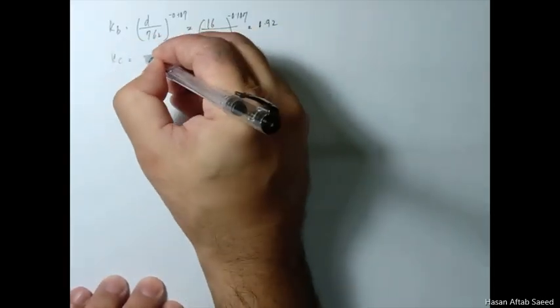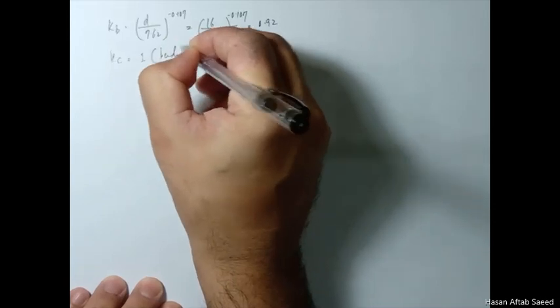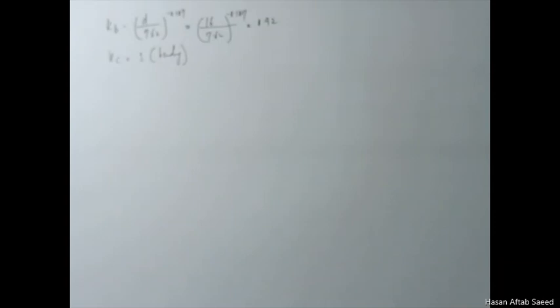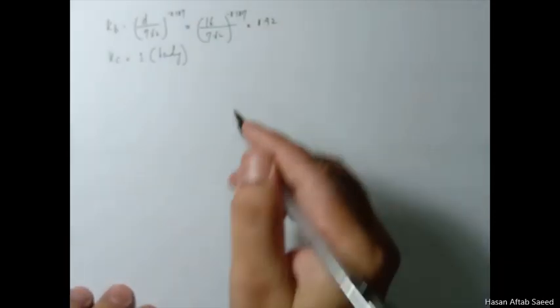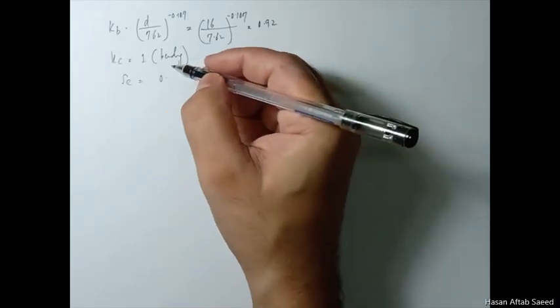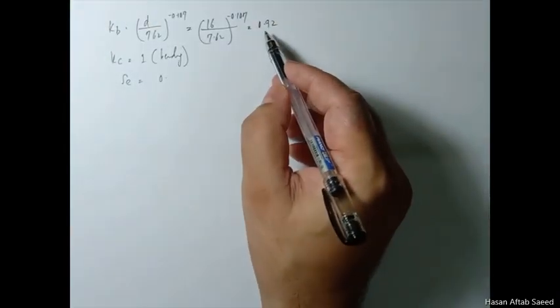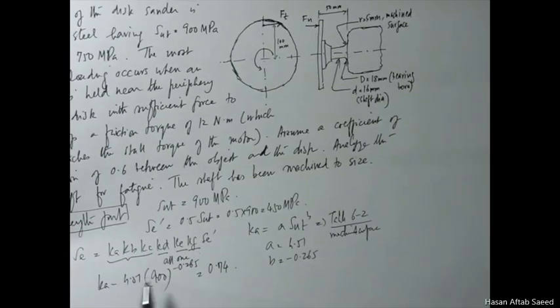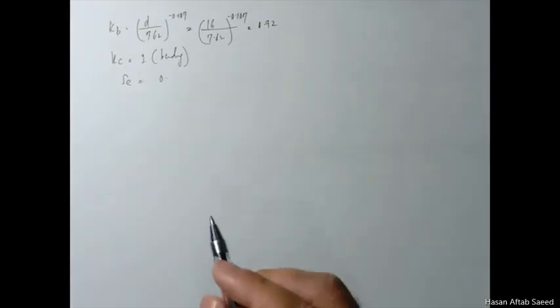Kc as discussed, 1 for bending. We'll apply the factor for axial in calculation of stresses. So your Se then becomes 0.74 into 0.92 into Se prime, which is 450.